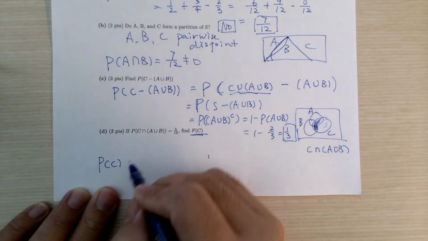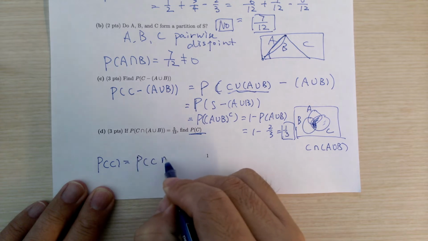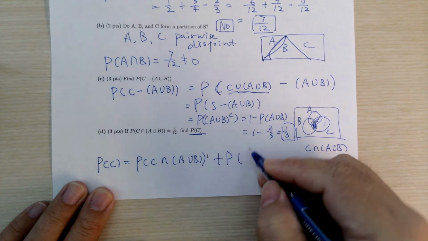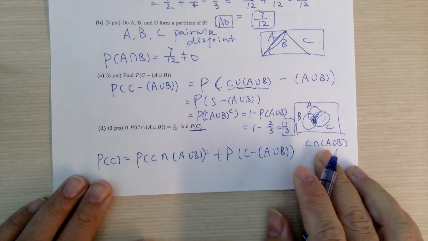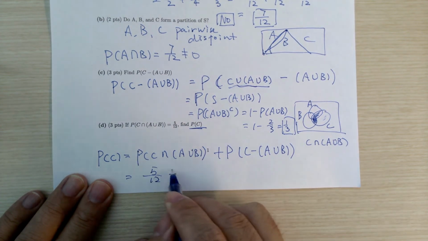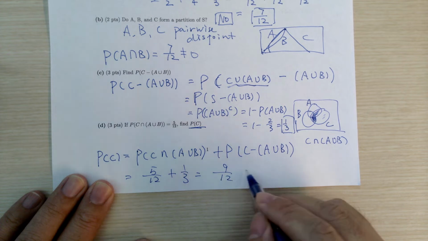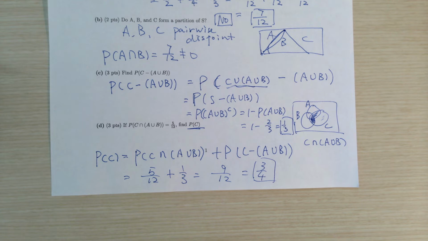So from this Venn diagram, we derive P(C) equals P(C intersect A union B) plus P(C minus A union B). Hence, this is equal to 5/12 plus 1/3, which is 9/12, which is 3/4. Okay, so that's the first problem here.